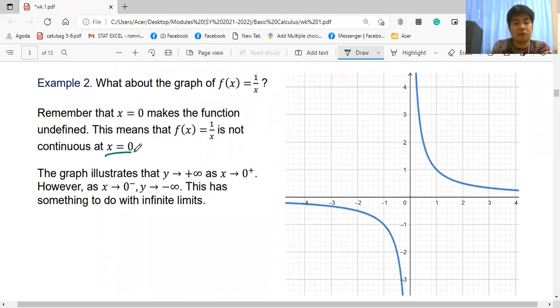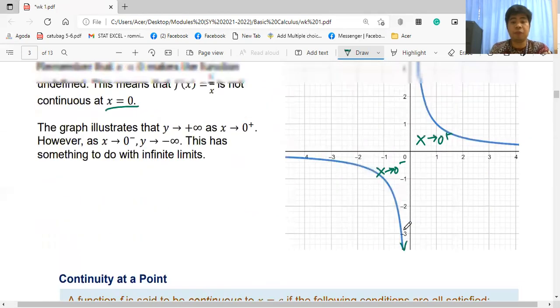When x is equal to 0, we know that 1 over 0 is undefined. If you check the limit from the left and right as x approaches 0, y keeps on increasing infinitely as x approaches 0 from the right. However, y decreases infinitely as x approaches 0 from its left.